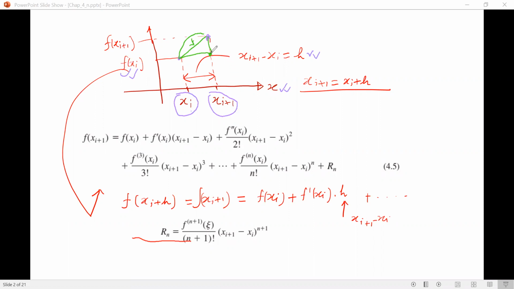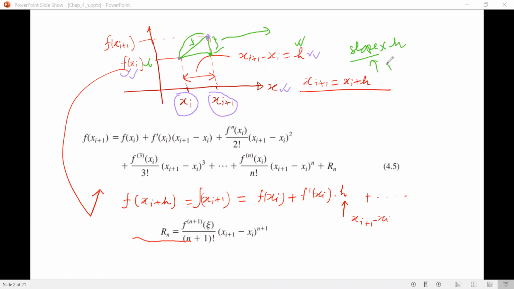You know the value at this point, f(xi). Then you add a term there. That added term comes from the slope of the curve multiplied by the step size, isn't it?